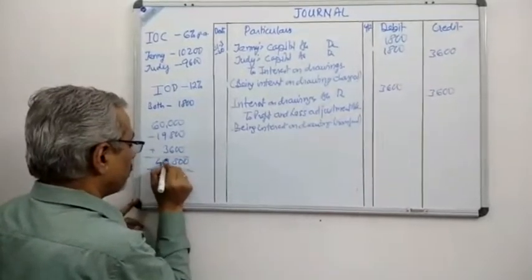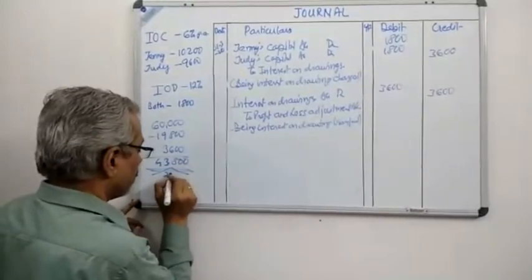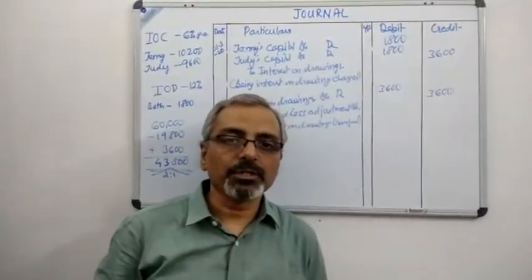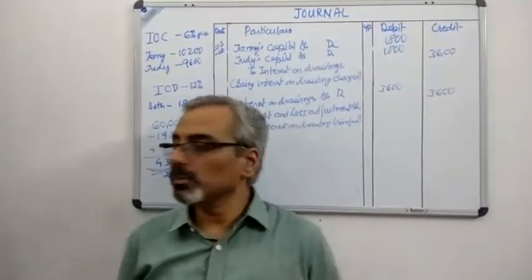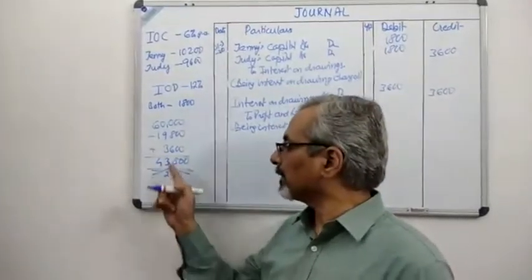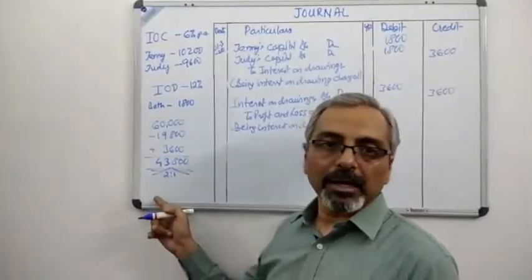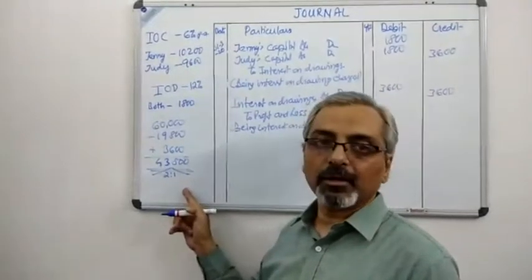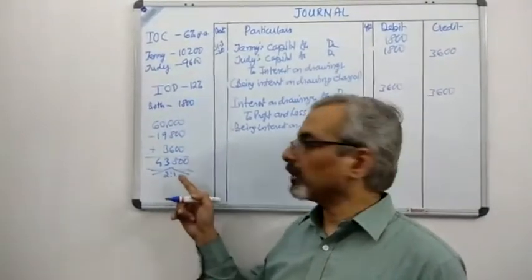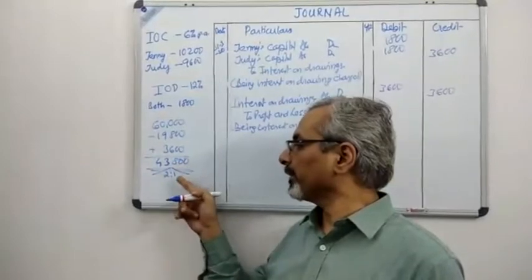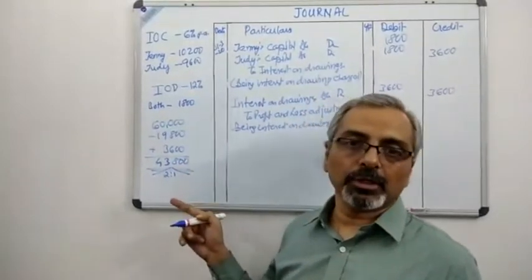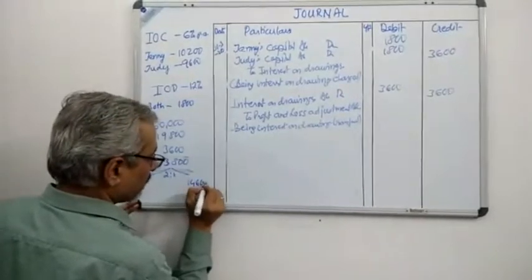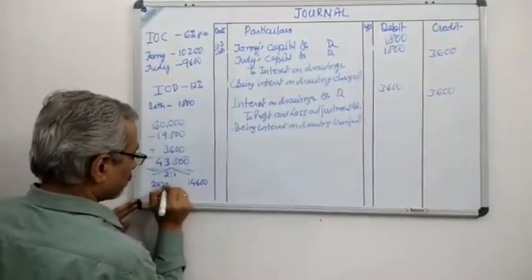Now this 43,800 will be distributed in the ratio of 2:1, which is the PSR, and if you distribute it in the ratio of 2:1, that means 43,800 divided by 3 multiplied by 2 will give us 29,200, and here it will be 14,600, because if we divide 43,800 by 3 we get a figure of 14,600. So we have over here 14,600 and we have 29,200.